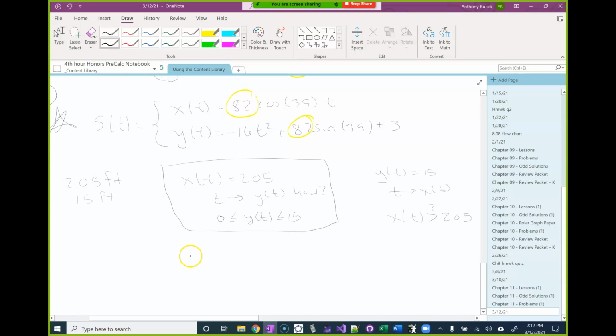In particular, it also makes life a little bit easier solving for t in the x equation because it's just a linear equation. Solving the y of t is a quadratic equation, which is a little bit more to do. So t is just going to be like 205 divided by 82 cosine 39. Make sure I'm in degrees.